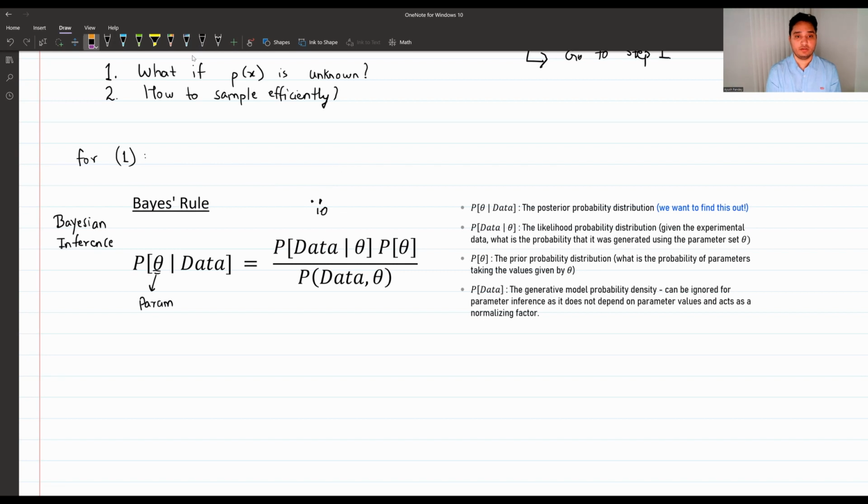Similarly, we have the second important part of this equation, which is the probability of theta. This is called the prior probability distribution because it encodes the prior information that we have about the parameters. So again, in our example, if we have a parameter which is optimal at 10, and I know that this is a physical parameter, it models a physical quantity, it cannot be negative, then I can encode that information here by giving a prior probability distribution, which is something like this.